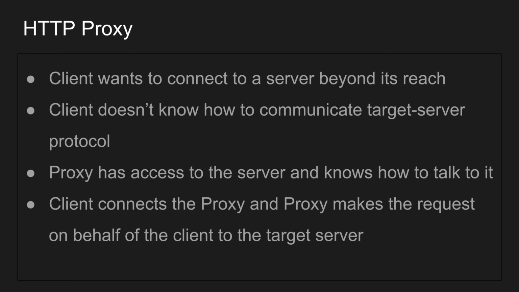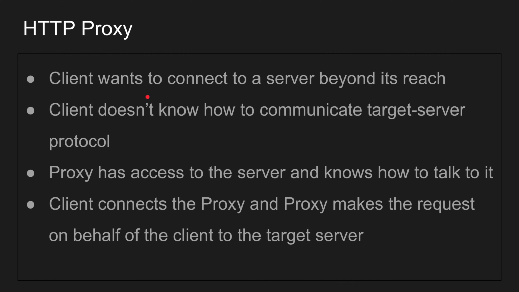Like it uses HTTP/2, but I don't know how to talk HTTP/2 because I have an HTTP/1.1 library, right? So a proxy in this case, if it has access to a server and knows how to talk to it, you can use it to connect. The client connects to the proxy, and the proxy makes the request on behalf of the client to the server. So that's the nutshell.